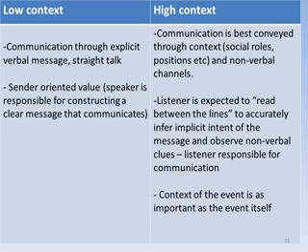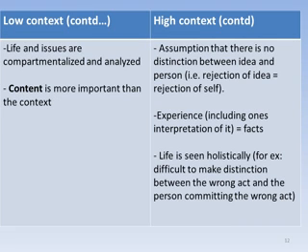Communication is conveyed through a variety of things such as social roles, position, nonverbal communication, and in this case the listener is expected to understand the communication by reading between the lines, understanding what's being inferred, knowing what the message should be based on the person's position and the context of the event in which this is taking place.